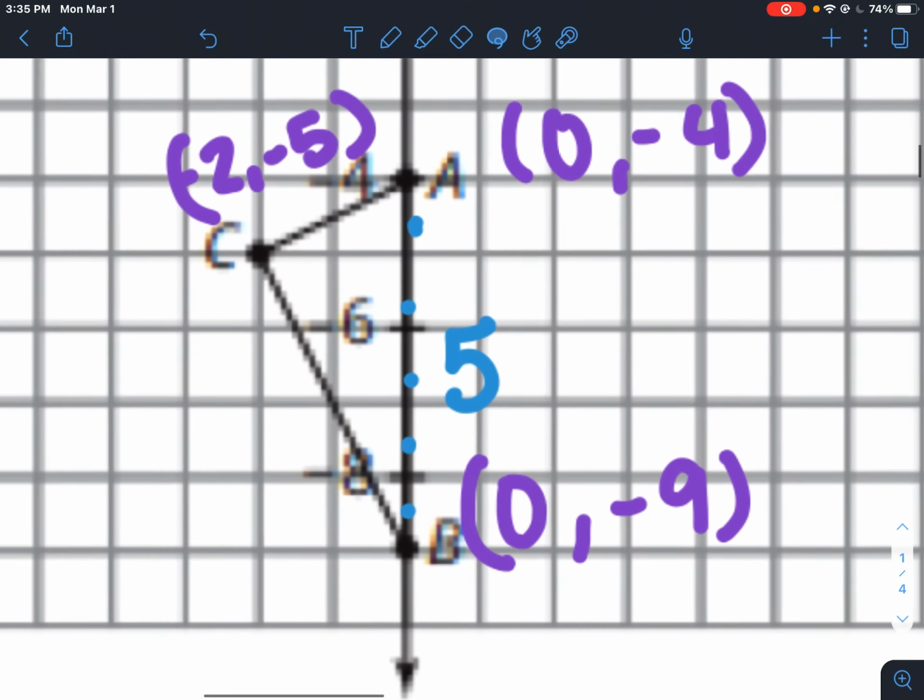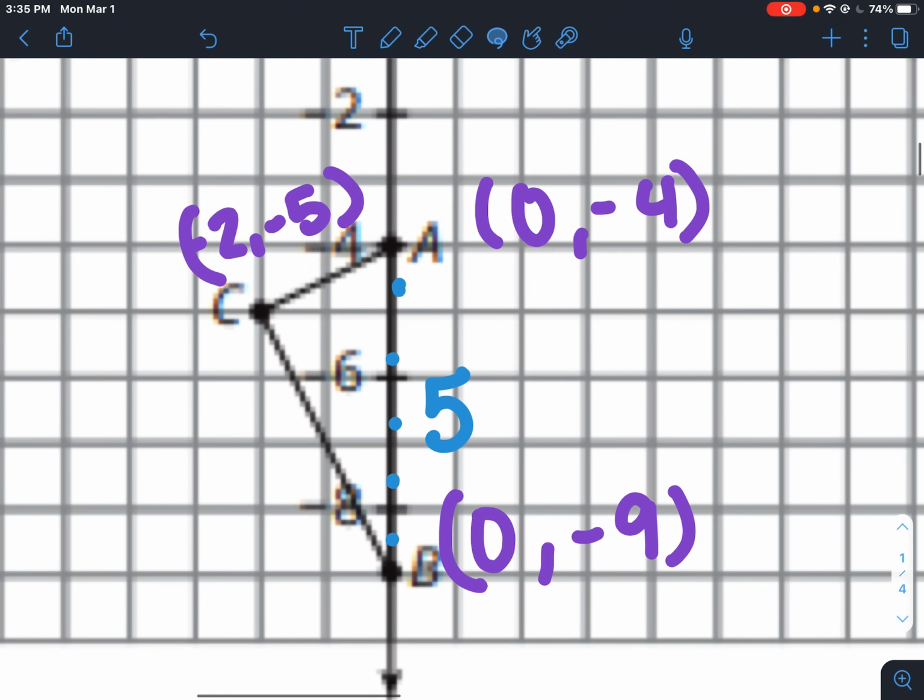So we could absolutely calculate the slope of each and every side, but I think that there's a quicker way to do it where we don't have to calculate the slope all the time. So grid lines, these grid lines right here, are always 90 degrees.